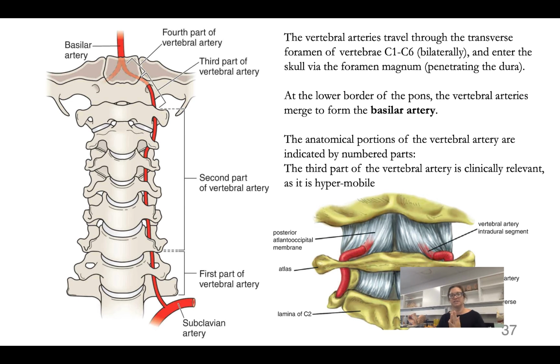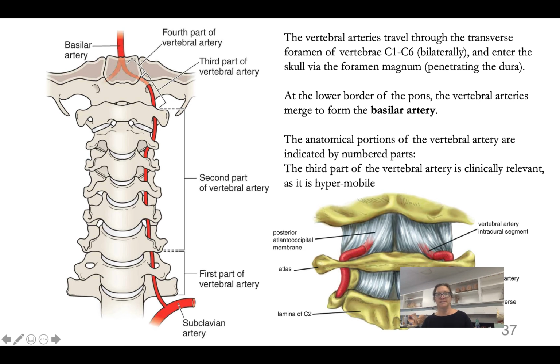Now, in terms of the posterior circulation, again, as I said at the beginning, the vertebral arteries arise from the subclavian arteries bilaterally, travel through the transverse foramina of the cervical vertebrae, and then deke medially, rostral to the atlas, into the skull vault to form and merge and form the basilar artery.